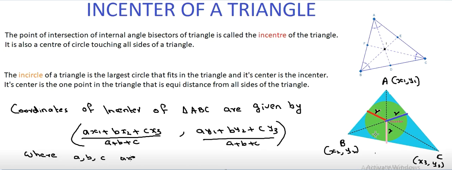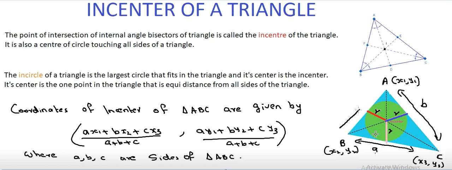Here a, b, c are the sides of triangle ABC. That is, here let this side be our small letter a and this side be our small letter b and this side be our small letter c. So, if we know the vertices of the triangle ABC, we can easily find the sides of the triangle using the distance formula.